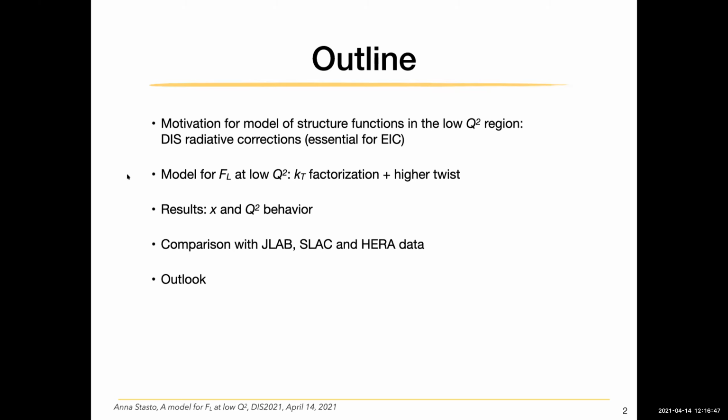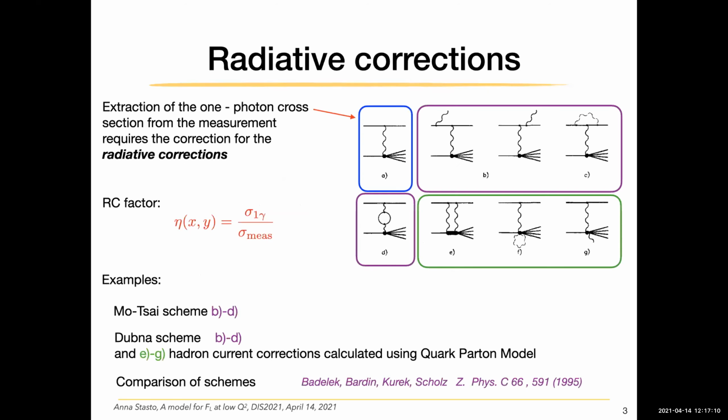I will remind you of the construction of the model, which is based on kT factorization plus modeling of the higher twist contribution. I will show you some results on generic Q square and X behavior, then show some comparison with the JLab, SLAC, and HERA data, and summarize.